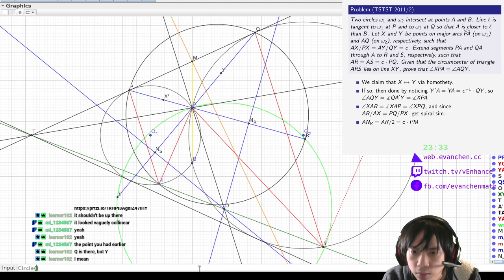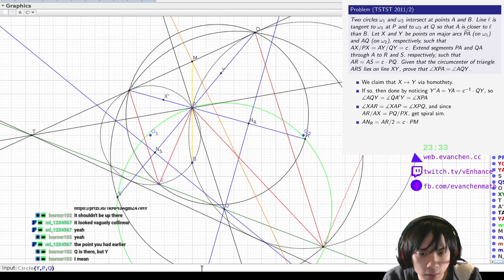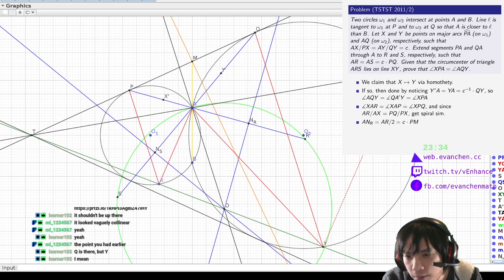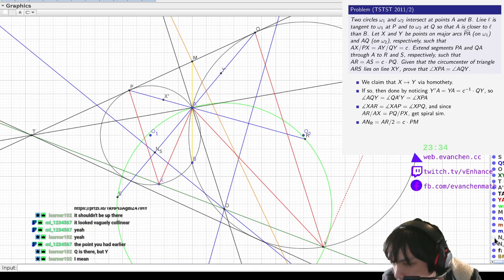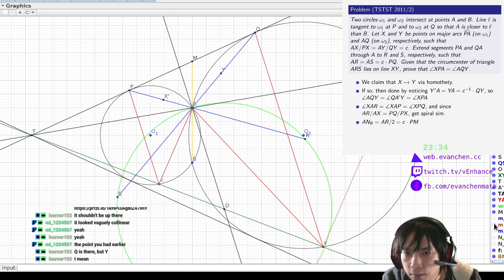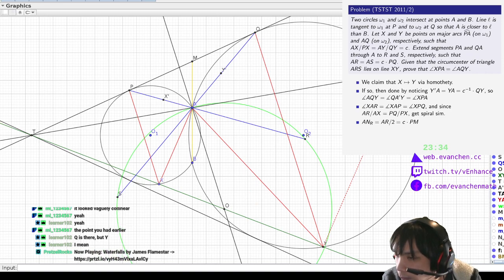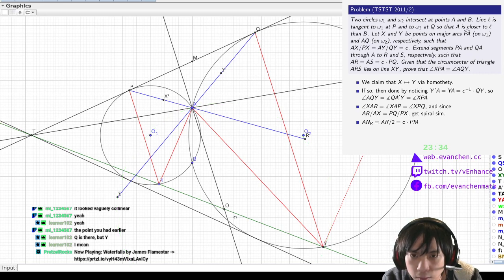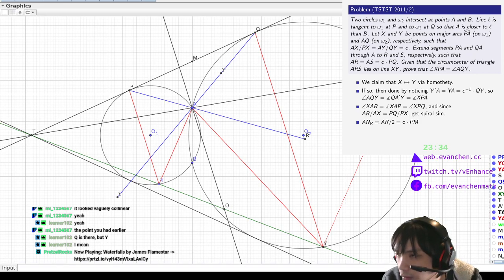Also. Yep, alright, let's click. I'm going to hide this stuff that I don't think matters anymore. I don't think I need that either. These points are distracting. Y's frame is a distraction.